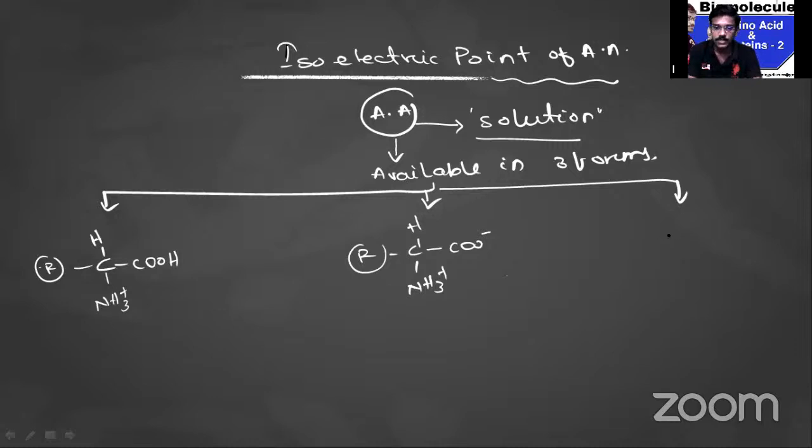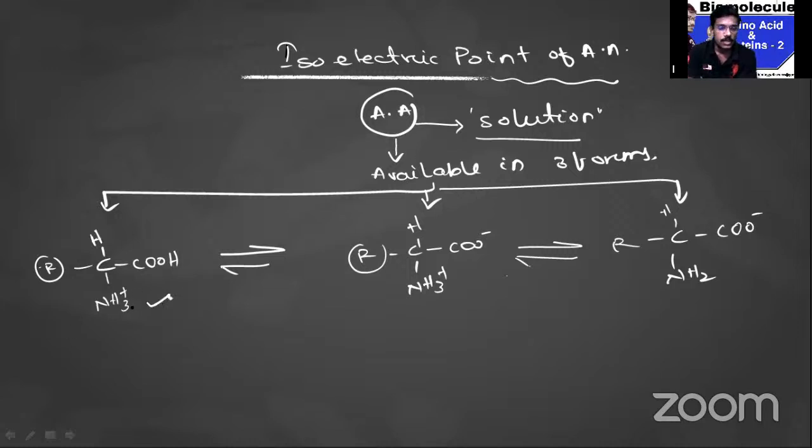Or it may exist in this form also, C double bond O minus, then NH2, this is your R, this is the H. And all these are interconvertible.